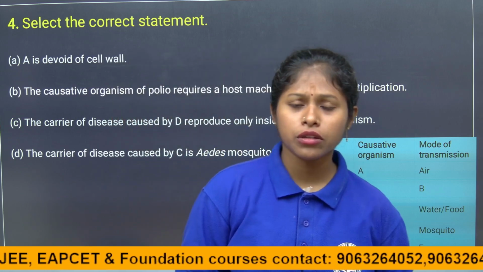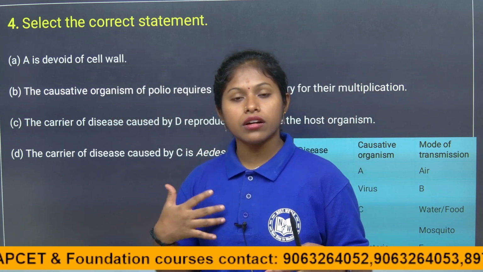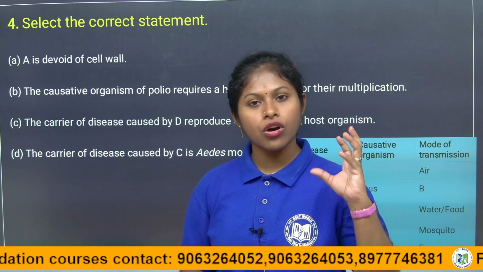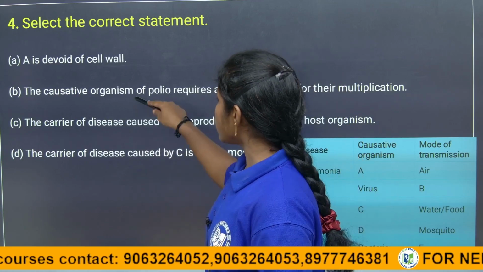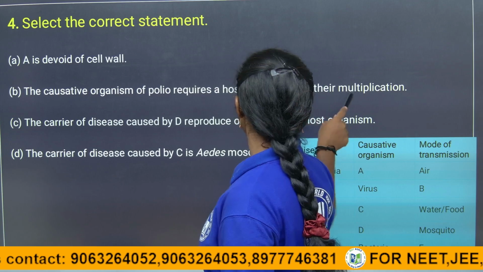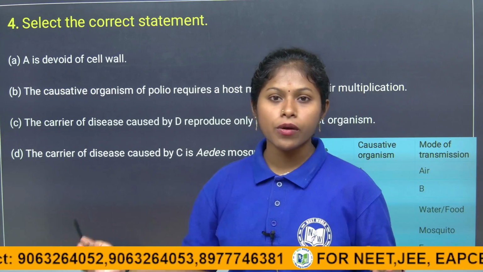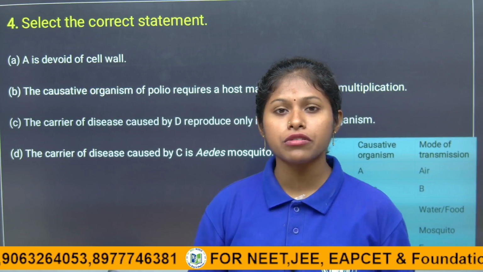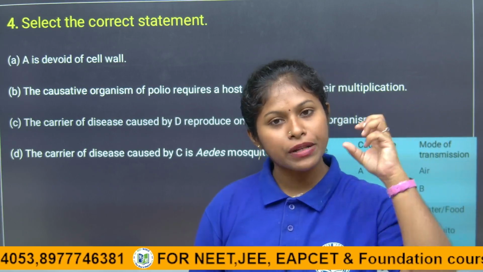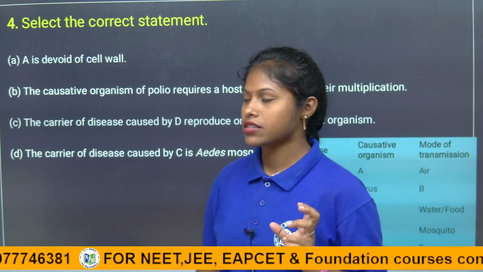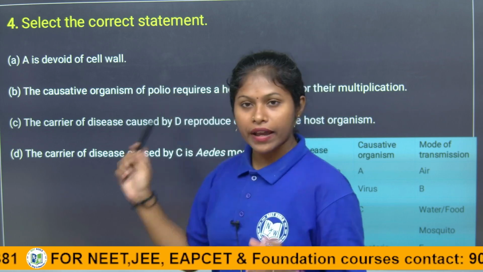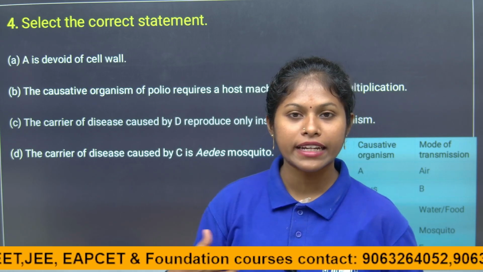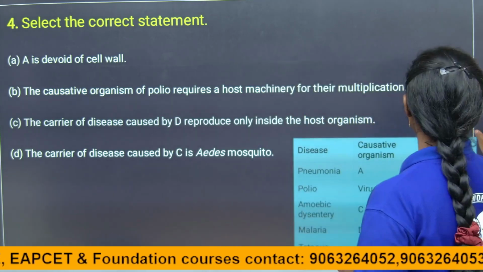If they want to spread their own kind of species, they need the host, right? The causative organism of polio requires host machinery for multiplication, to reproduce its own species. The host is compulsory and necessary for the virus.